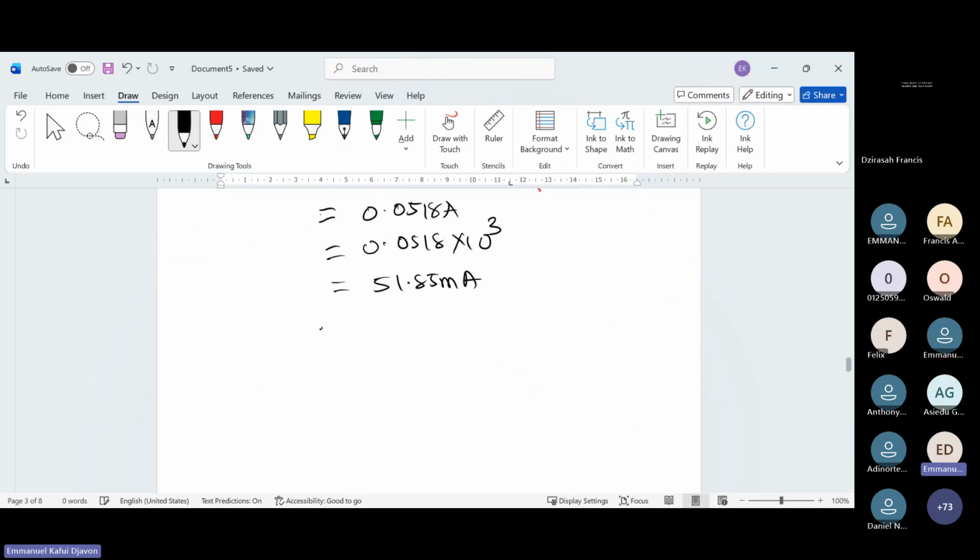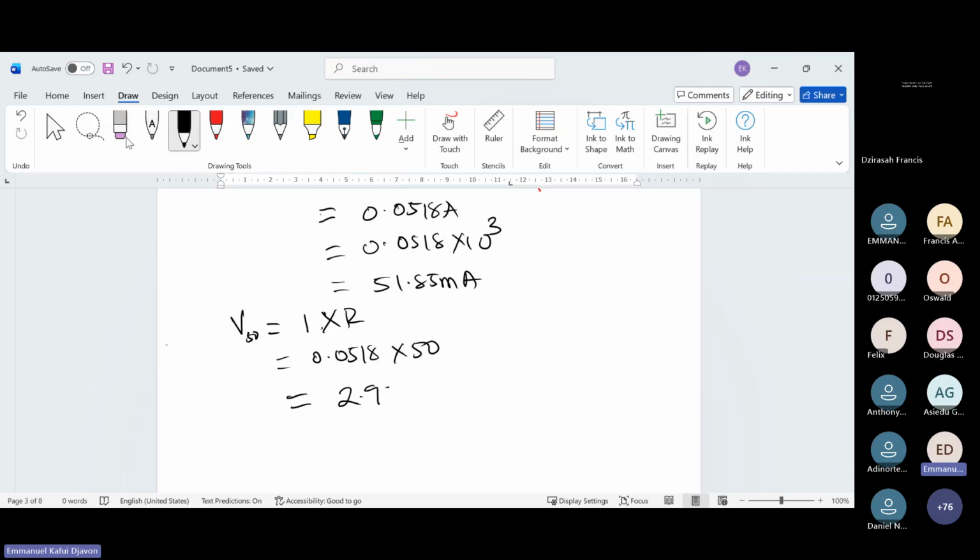So V in the 50 ohms will give me I times R. That current is 51.85 milliamps, so you can use 0.0518 times 50. That will give you what?